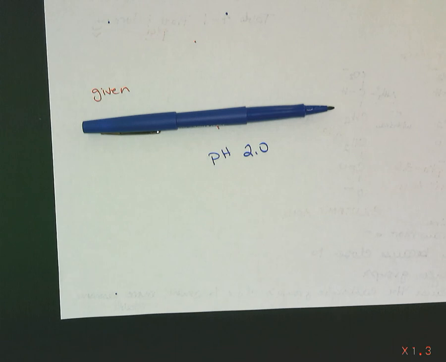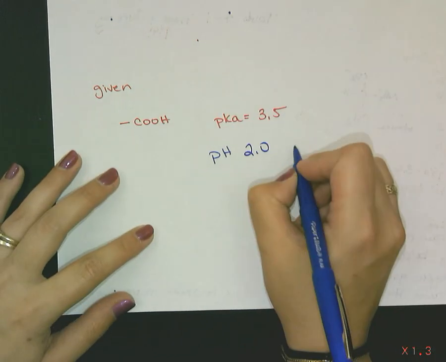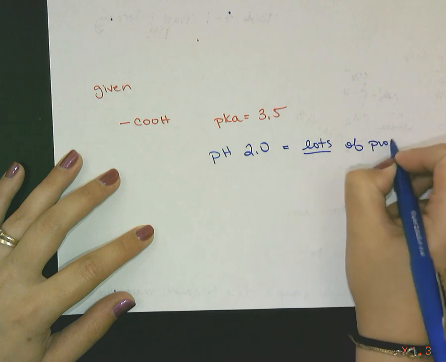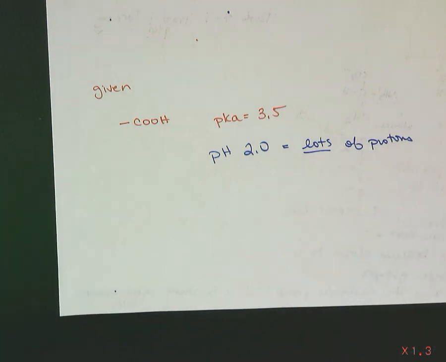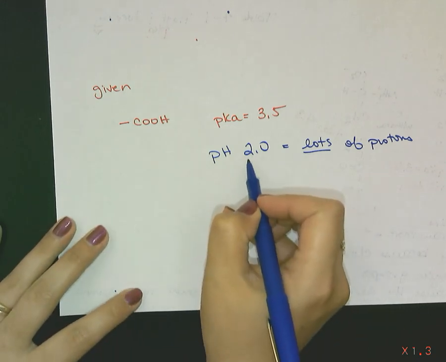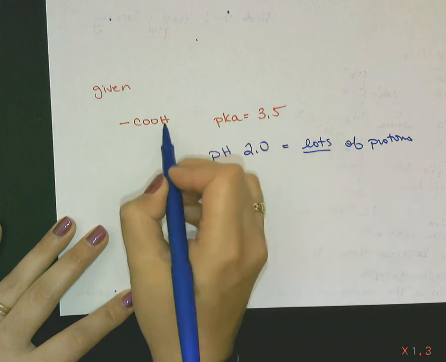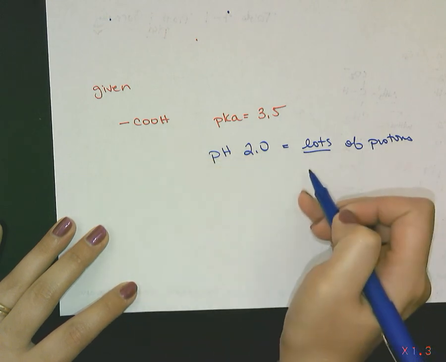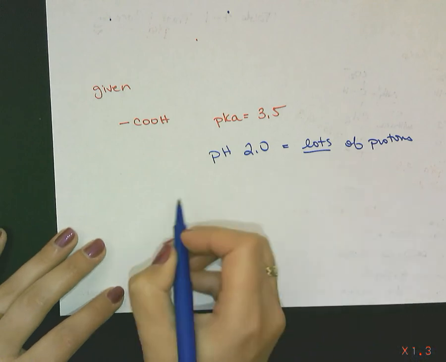There is a ton of protons, right? pH 2. So if I am at pH 2.0, is this group going to be protonated or deprotonated? Protonated. Why is it going to be protonated? Because there's tons of protons available to protonate it.